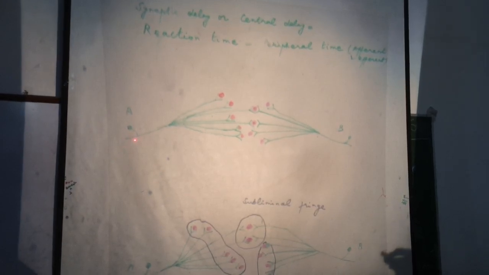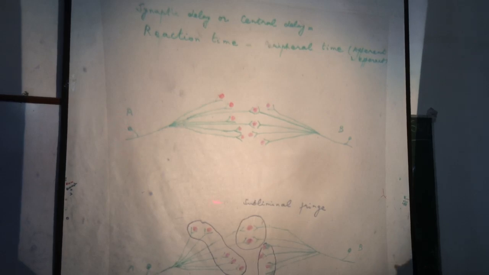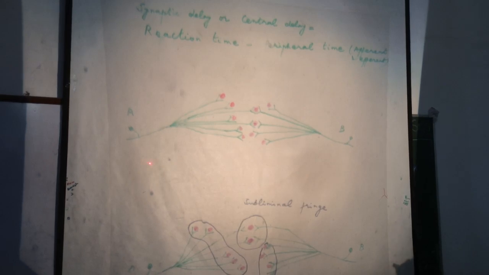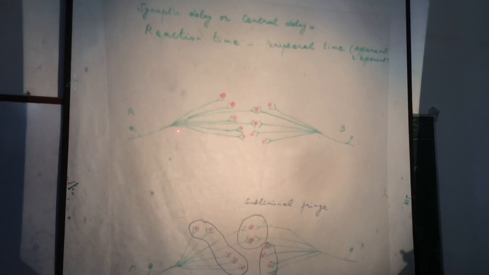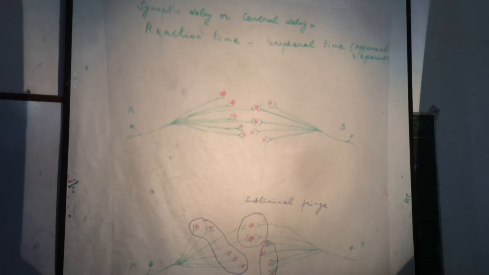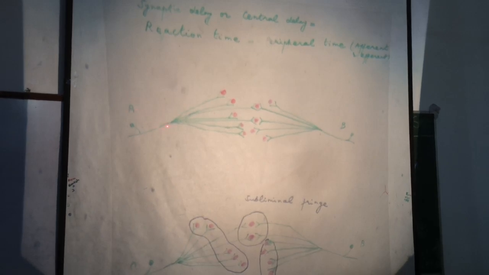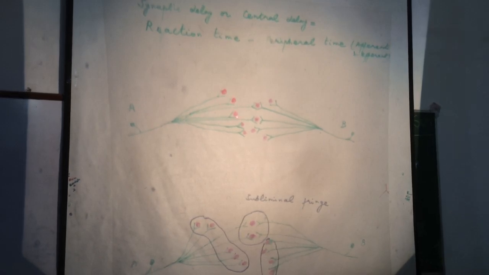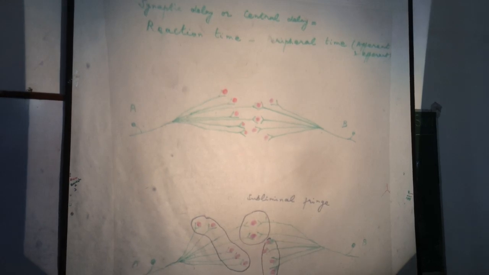You see afferent A and afferent B. Now afferent A is making synapse with 1, 2, 3, 4, 5, 6, 7 motor neurons.